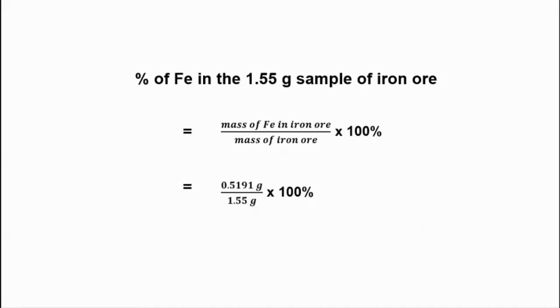You substitute the values: 0.5191 grams divided by 1.55 grams times 100%, and finally we are going to get 33.49%. So this is the percentage of iron in the sample of iron ore.